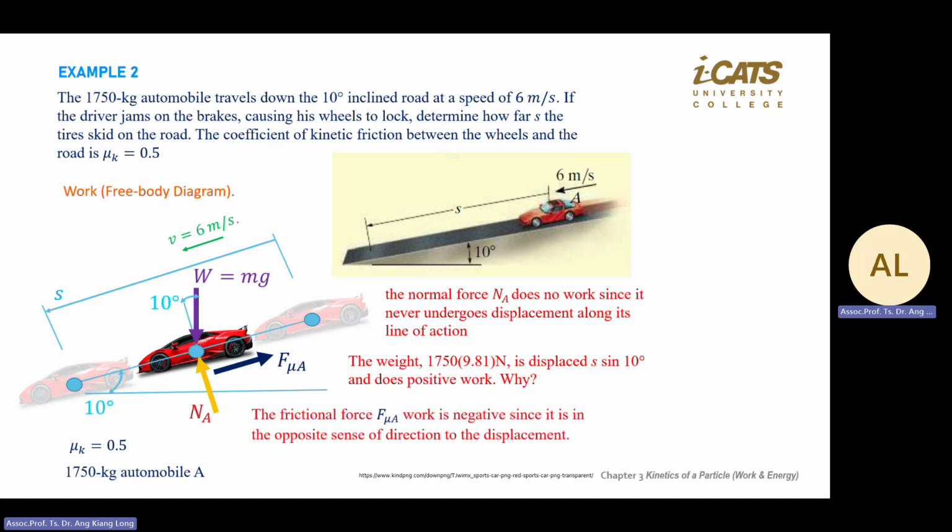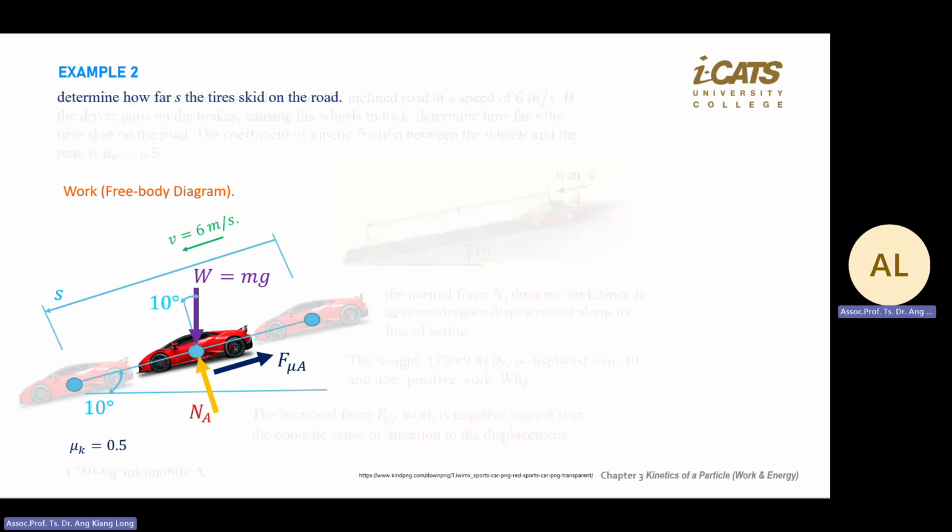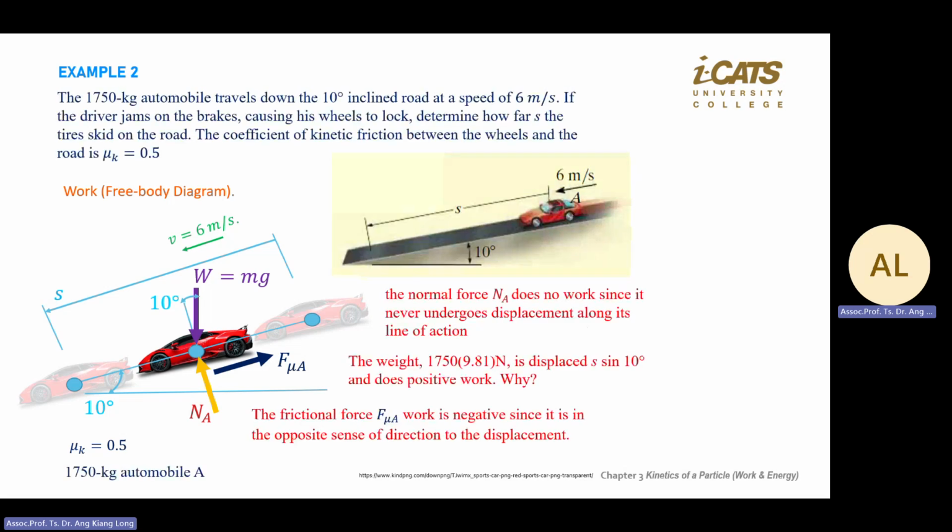So this one you read. Why does the W create positive work? Because the X direction of the weight is following the displacement direction. The Y direction does not create work. Normal force does not create work.